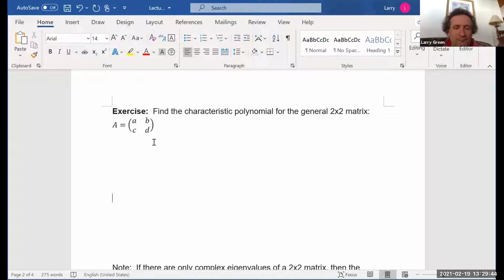If you have questions, I can answer, but hopefully you can just jump in, subtract the lambda I, take the determinant, and get there. And then write it as a polynomial, like some number times x squared plus some number times x plus some number equals 0.